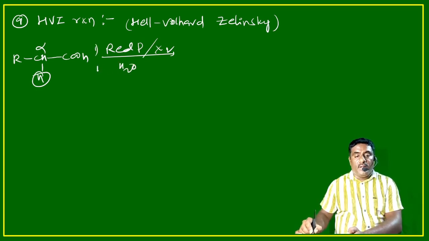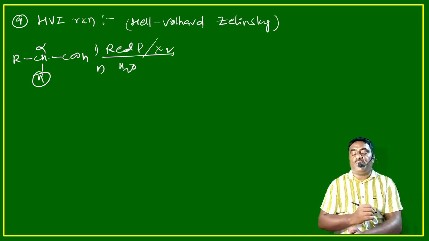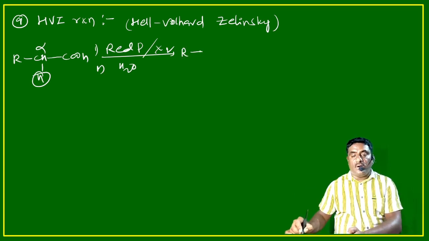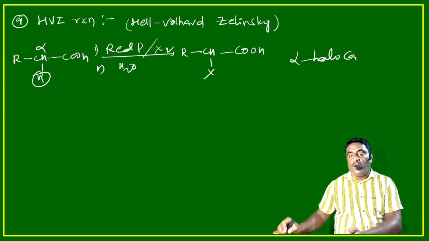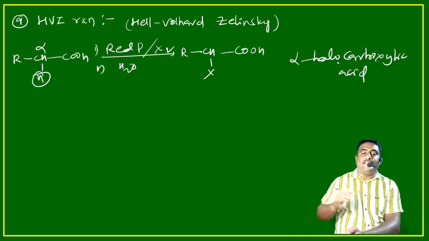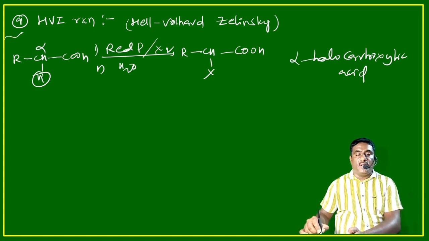What happens? The alpha hydrogens are replaced by halogen. RCHXCOOH, it is an alpha halocarboxylic acid. It is the HVZ reaction.